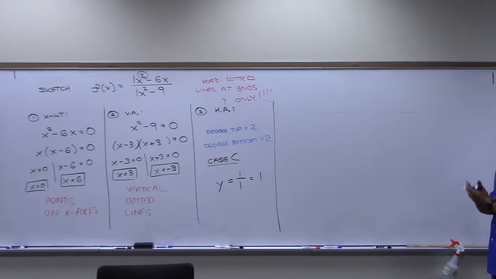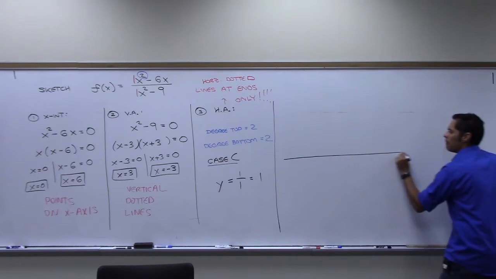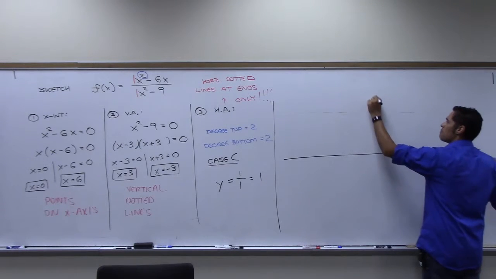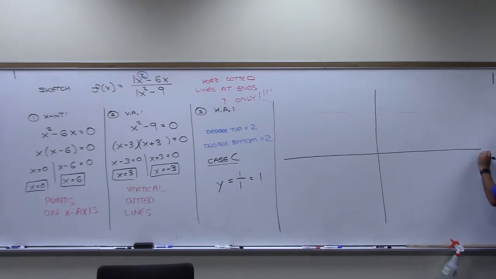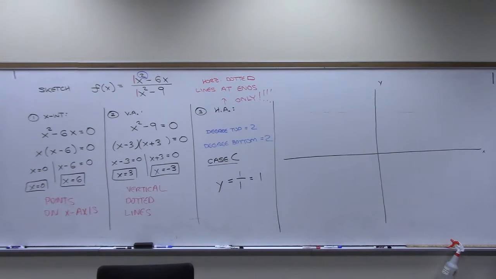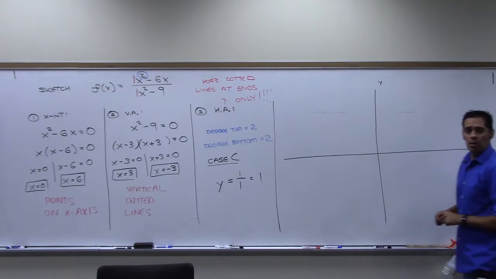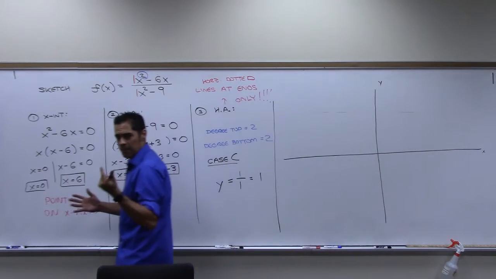All right, here we go. I'm going to draw the x and y axes first. X, Y. There we go. This is step 4. I'm putting all the information together, right? That's what step 4 says.